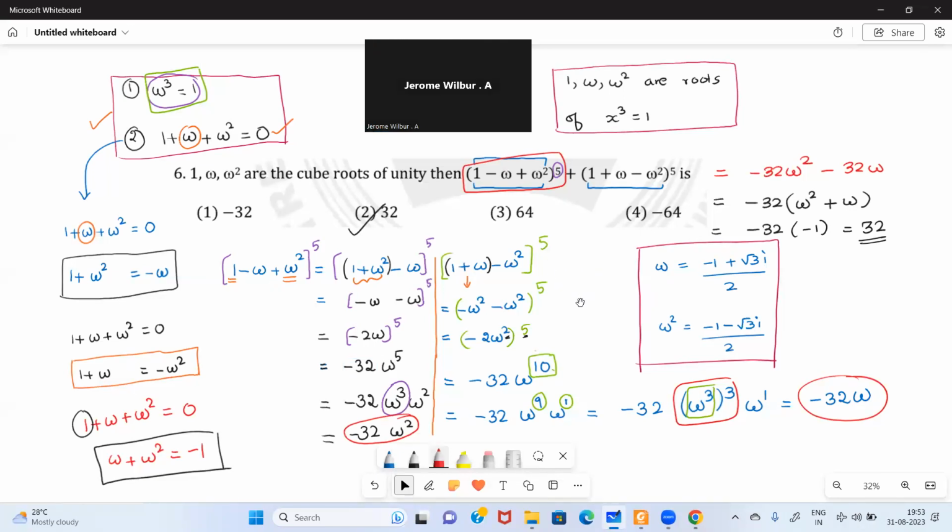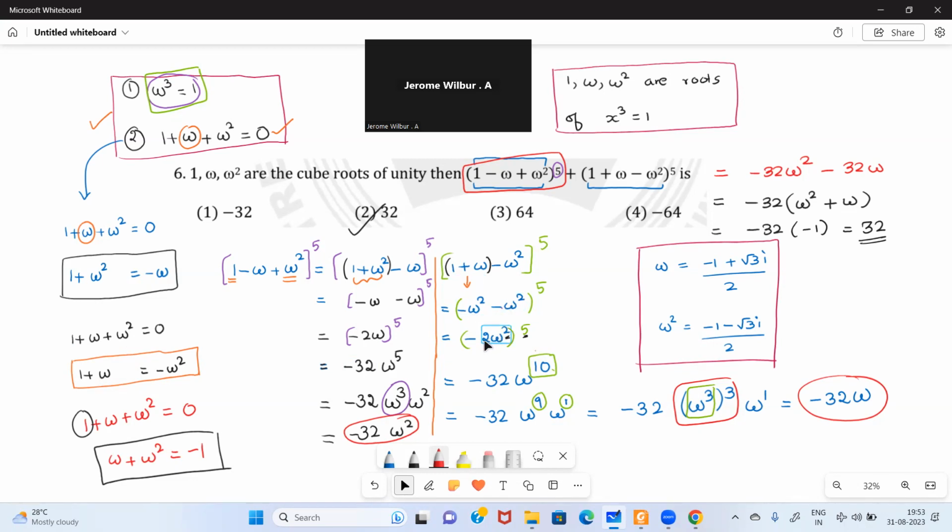Yes, sir. So next part, 1 plus omega minus omega square the whole 5. So now we take 1 plus omega and replace it by minus omega square, from the equation 1 plus omega square is equal to 0. And minus omega square the whole raised to 5.